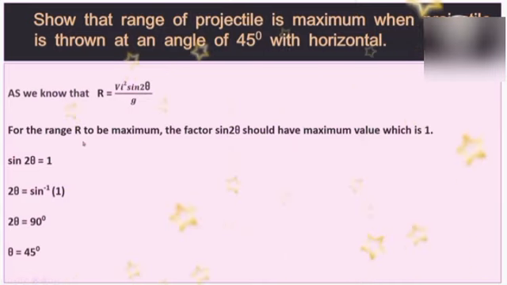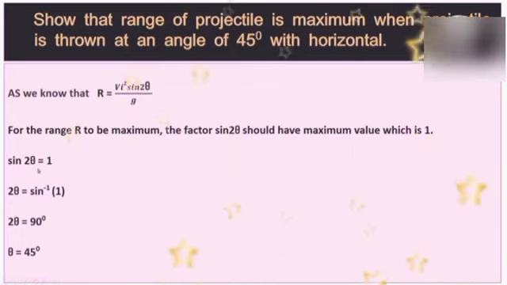For the range R to be maximum, the factor sine 2 theta should have maximum value which is 1. So here sine 2 theta is equal to 1, whereas 2 theta will be equal to sine inverse 1. 2 theta is equal to sine inverse 1 is equal to 90 degrees. So theta will be equal to 45 degrees.